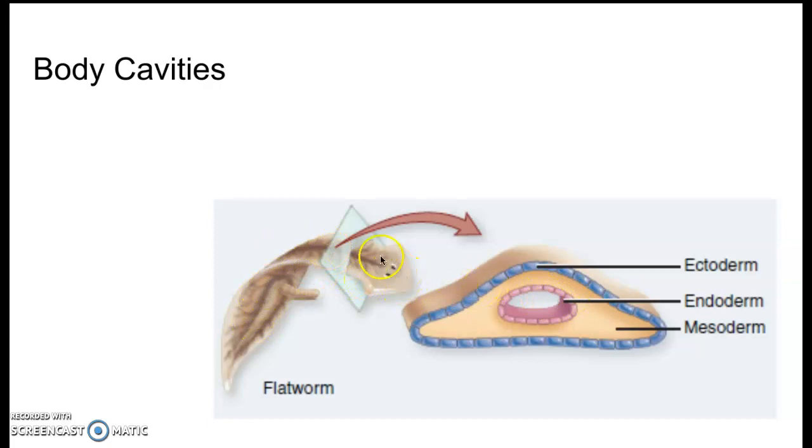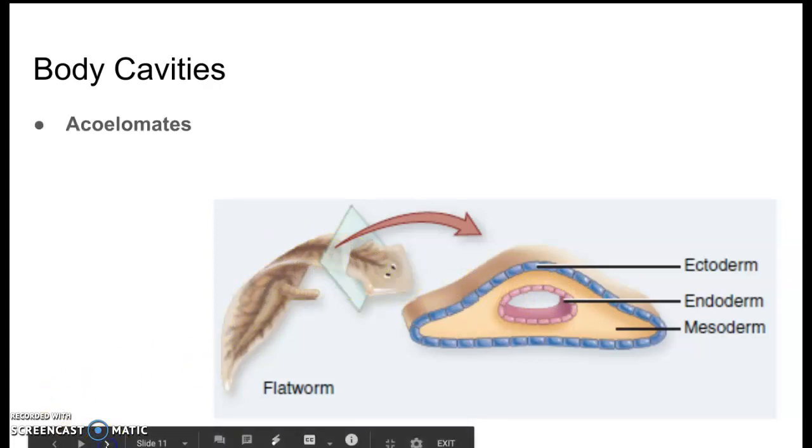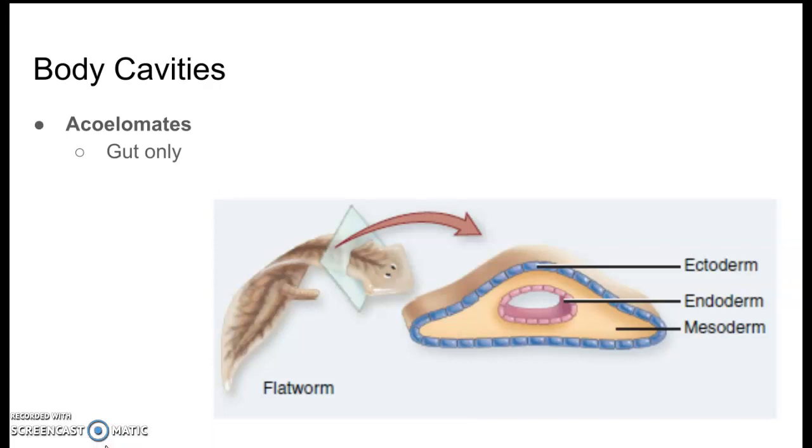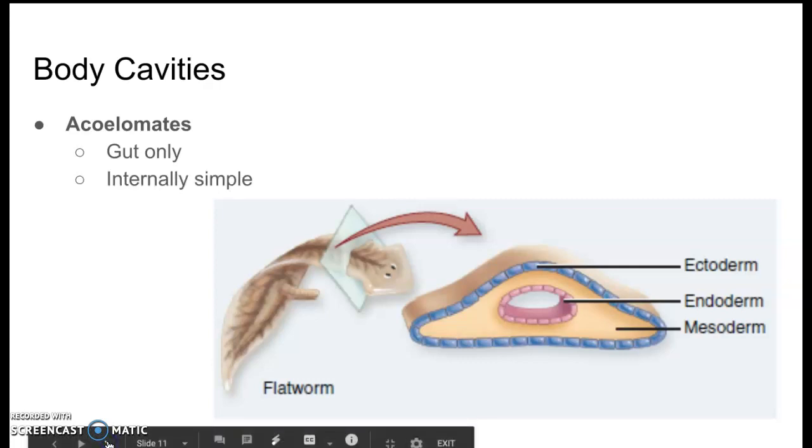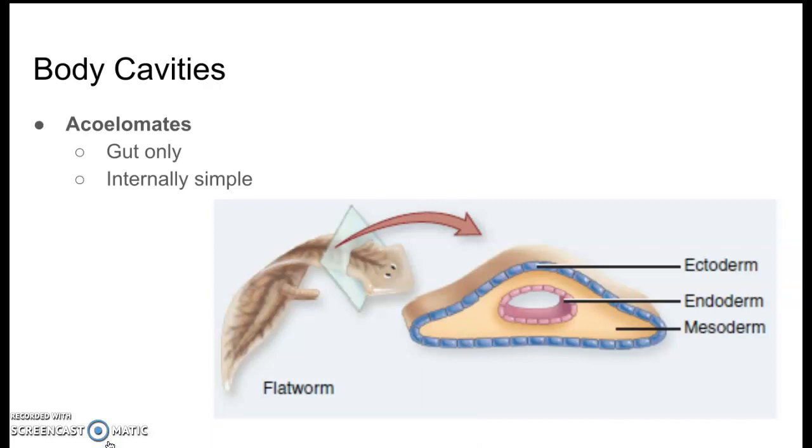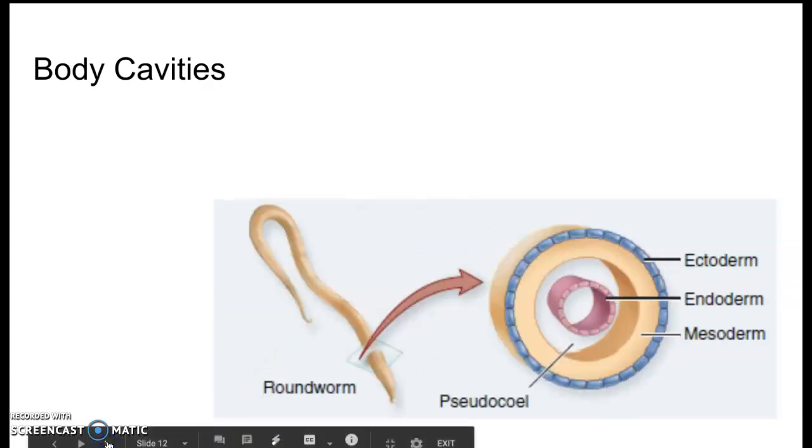So it has a tubular cavity. Acoelomates only have a gut, meaning it only has one entry point.